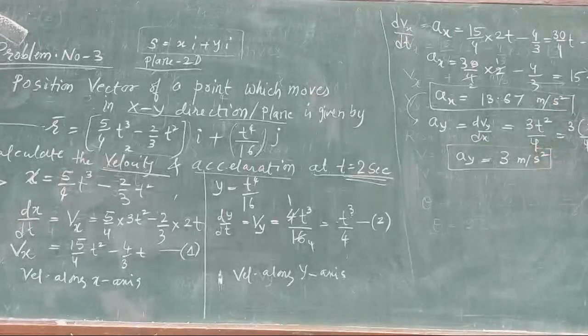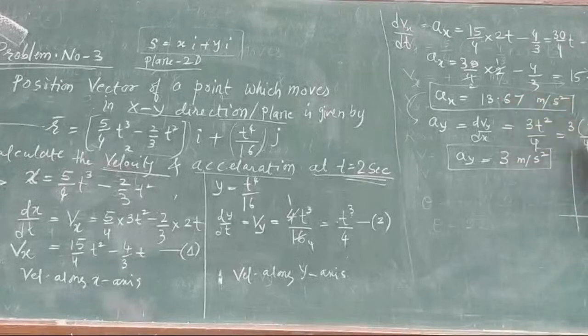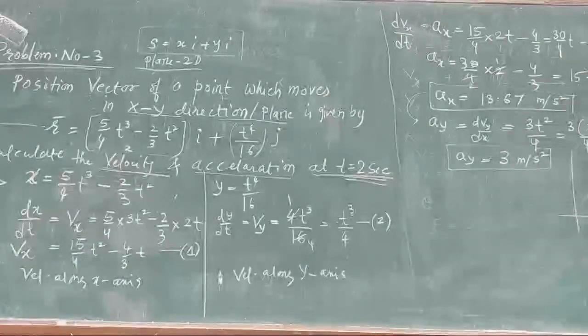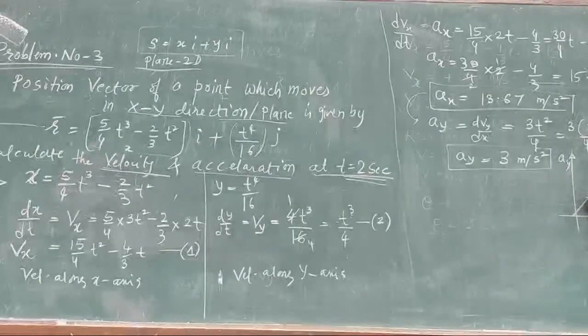Now in the same concept that we solved in the previous course, when both are plus plus, it means both are in the first quadrant. Plus plus indicates the first quadrant. Along the x-axis is ax, along the y-axis is ay, and let us assume the resultant acceleration is a.